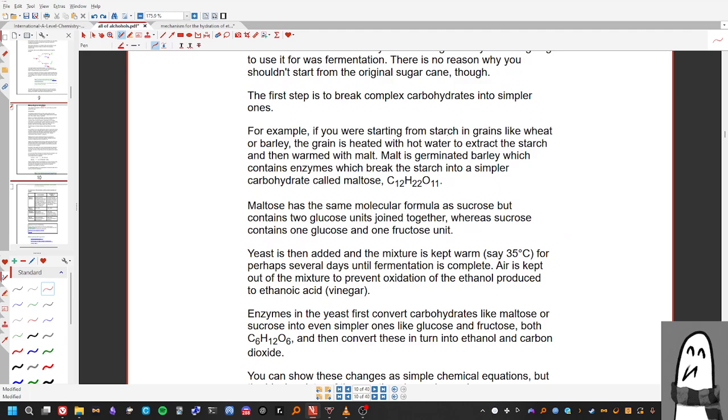Maltose has the same molecular formula as sucrose, but contains two glucose units joined together, whereas sucrose is one glucose and one fructose.